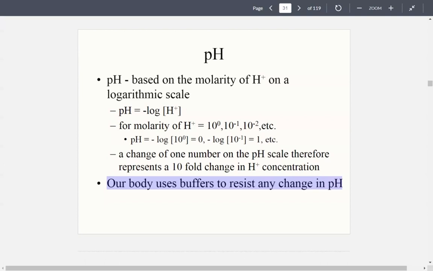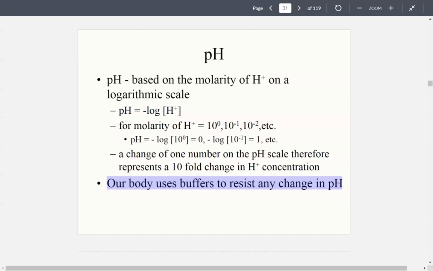And that giving up and accepting will be based upon the hydrogen concentration. So as hydrogen concentration goes up, that means the fluid is becoming more acidic. These buffers will take up or bind hydrogen, trying to prevent the pH from becoming more acidic.